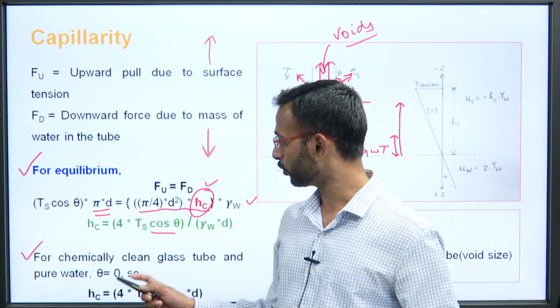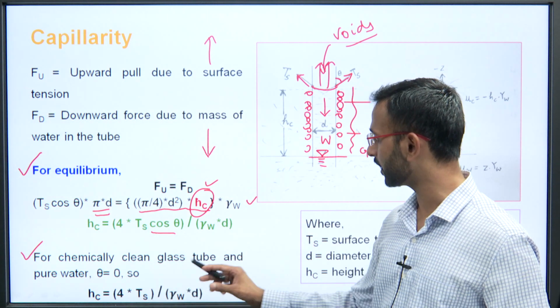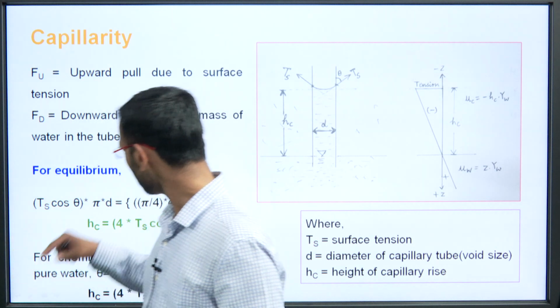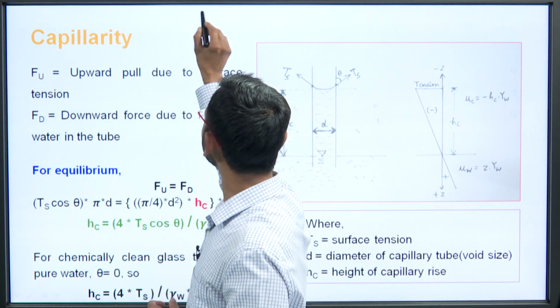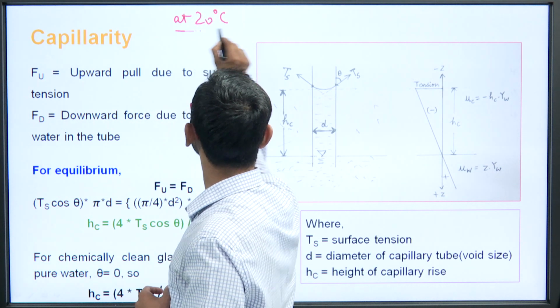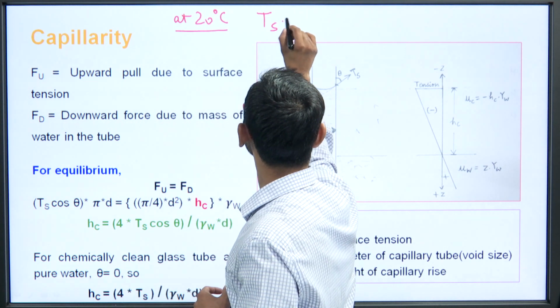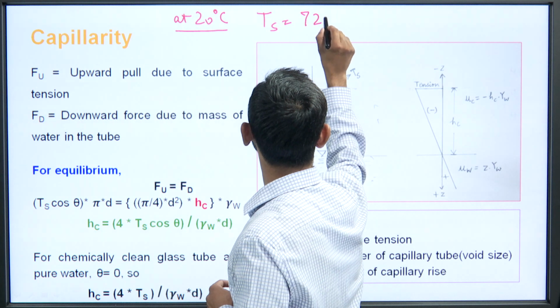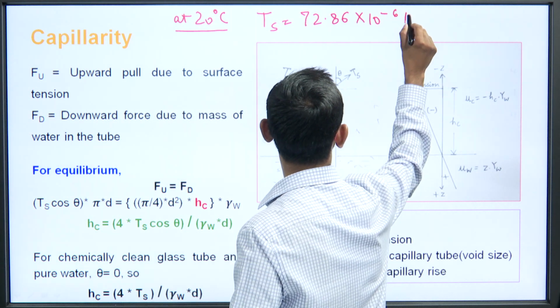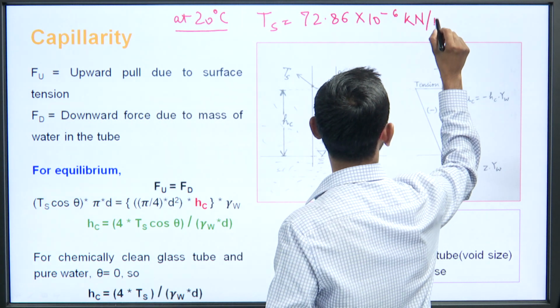So when we are talking about this formula, 4 into Ts by gamma w into d, one important thing I am telling you is that at 20 degrees Celsius the surface tension value comes out to be 72.86 into 10 to the power minus 6 kilonewton per meter.